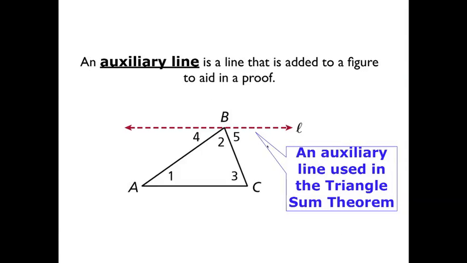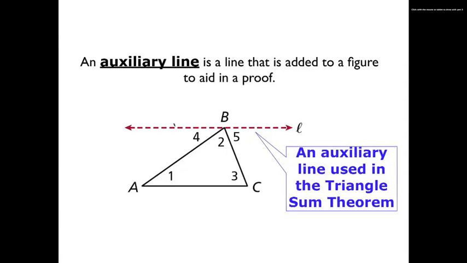Now an auxiliary line is something that we can actually add. So it's not part of the original picture, but we have put this line in to create a couple more angles, in this case particularly angle 4 and 5. And we would use that by making line L parallel to line AC.